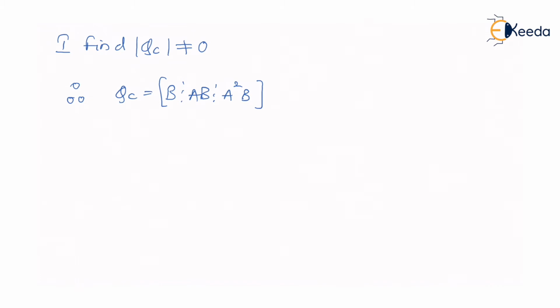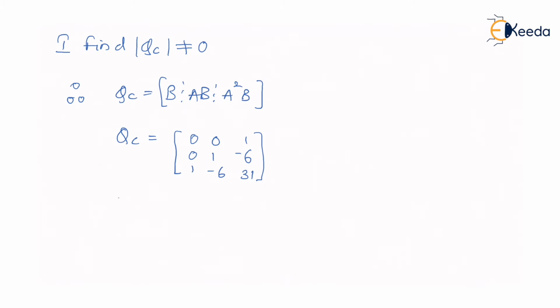Now what is B? B is 0 0 1. AB becomes 0 1 -6. A square B becomes 1 -6 and 31. So this is the matrix QC.